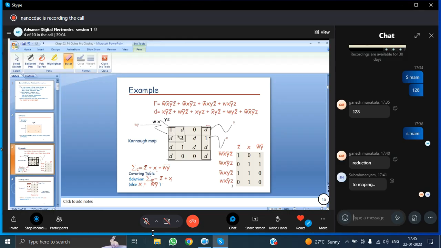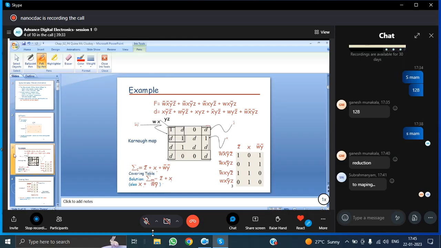Am I wrong? Only 4 min terms. But how many don't care terms are you using here? 1 2 3 4 5 6 7 8 9. So many don't care terms you are using. So for only 4 min terms, your logic equation is becoming too big.